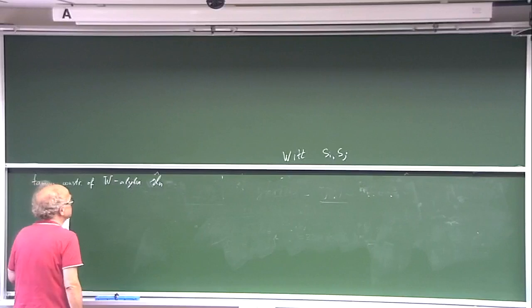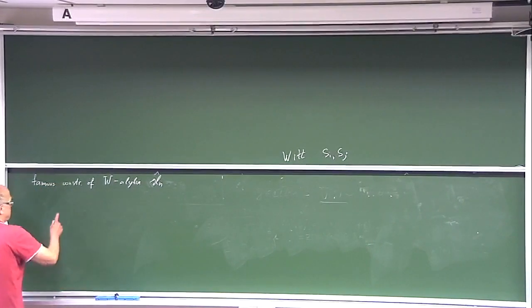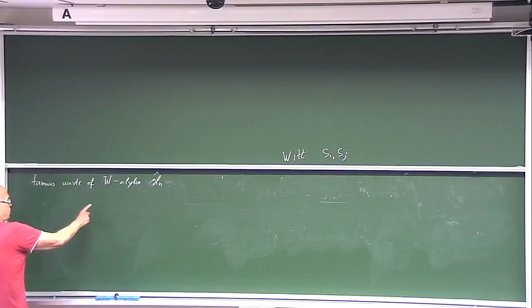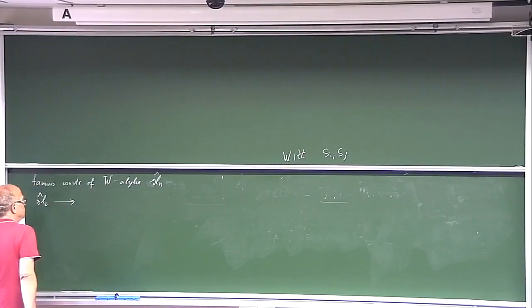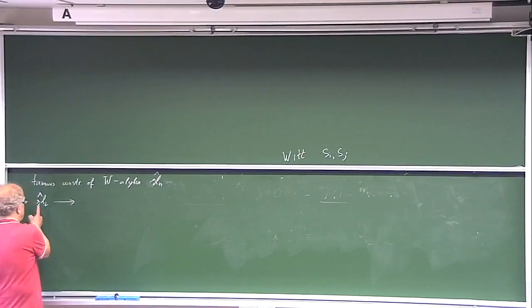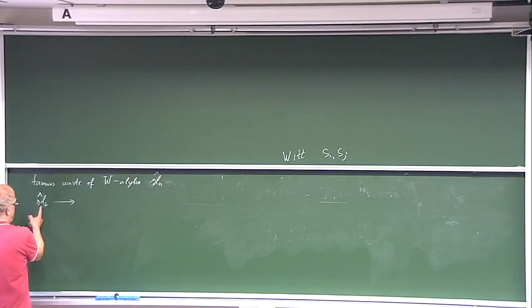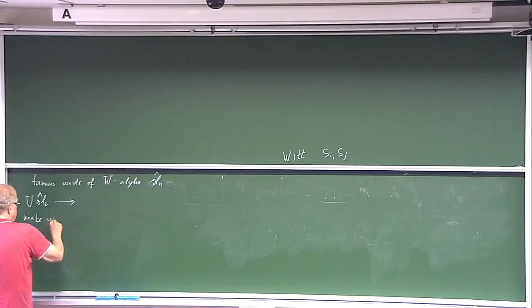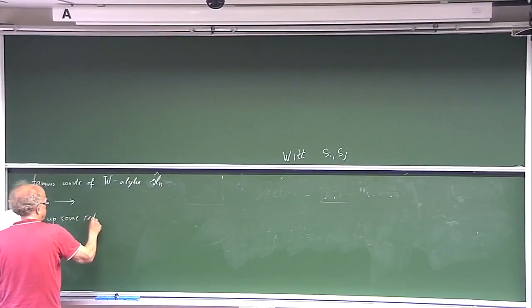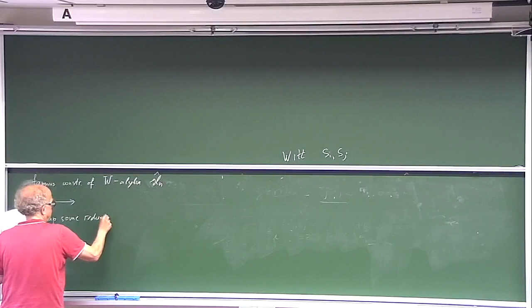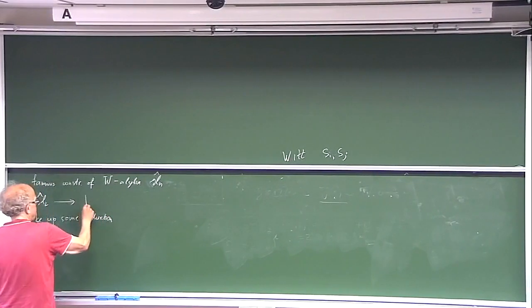And it is famous because it works as follows: if we take SL2 hat in this position, then the famous construction is the following. I can take this universal enveloping, then make some reduction, and get as a result Virasoro.